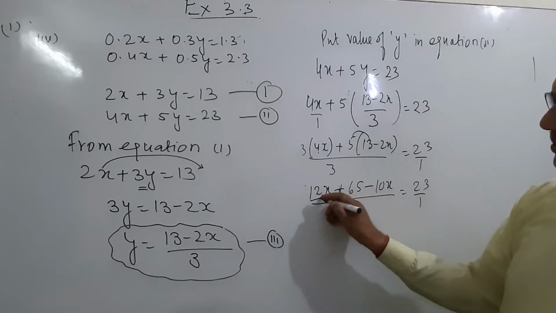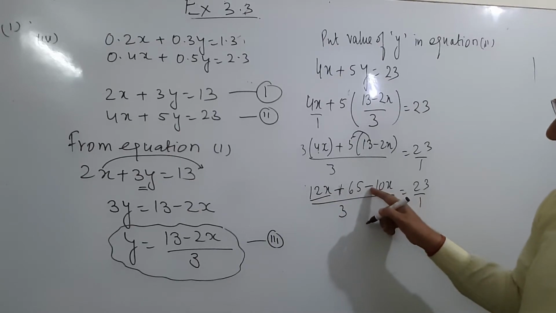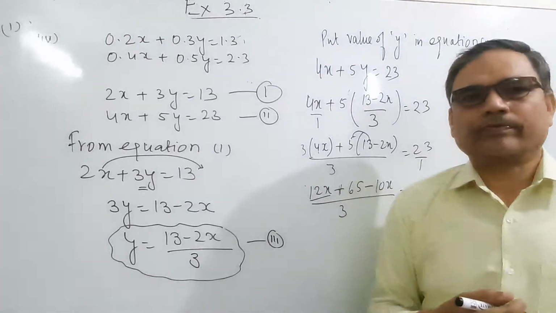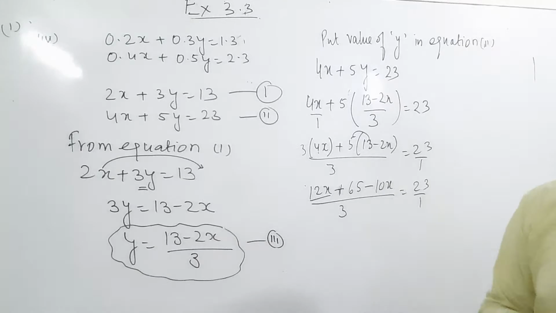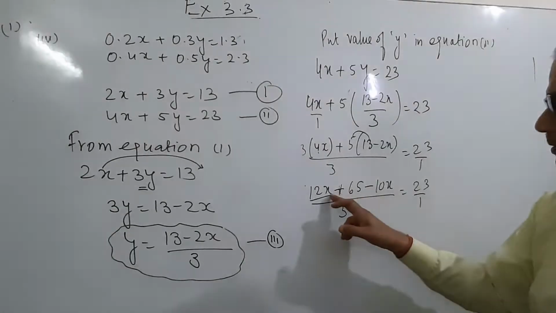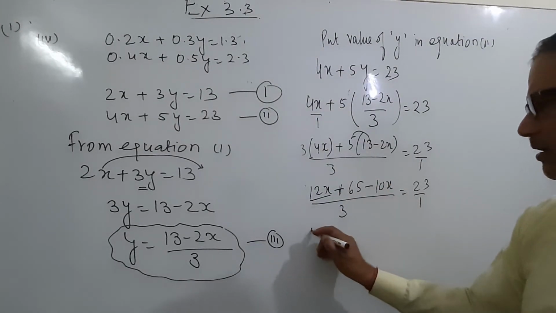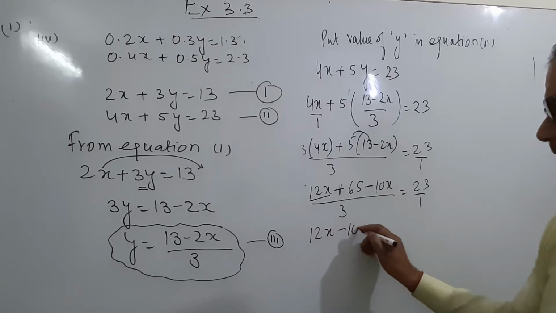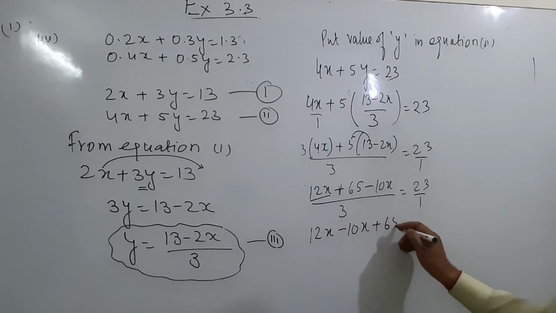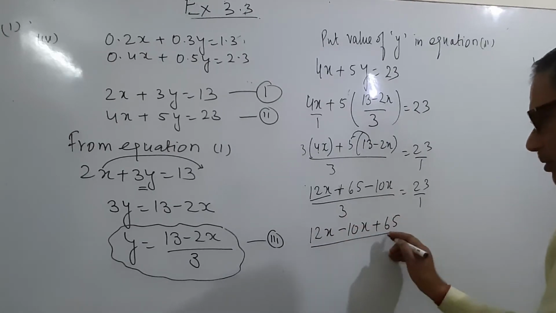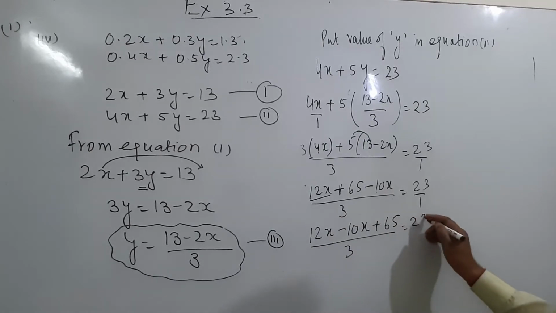This is 12x and this is minus 10x. Like terms. Which one is like term? 12x and 10x. So here we will write 12x minus 10x plus 65 upon 3 is equal to 23 upon 1.